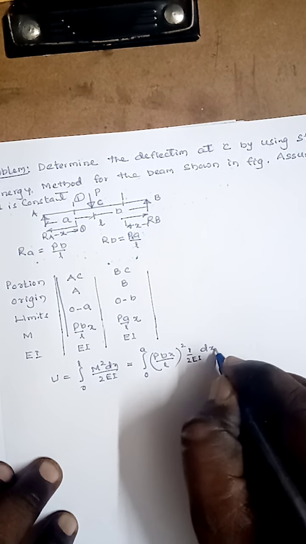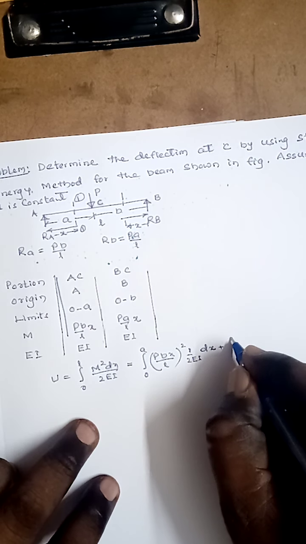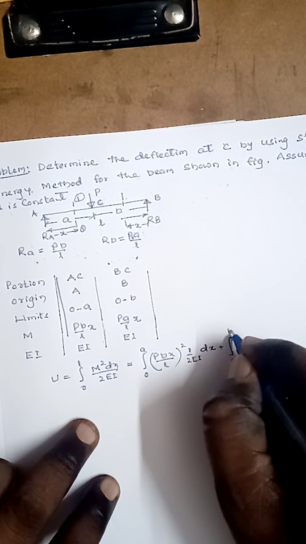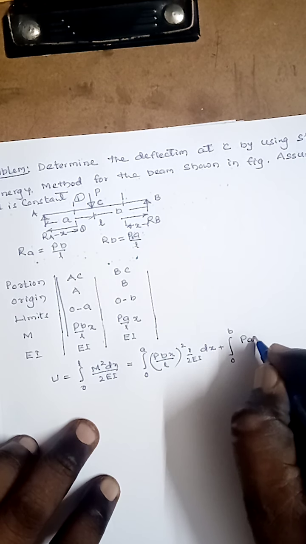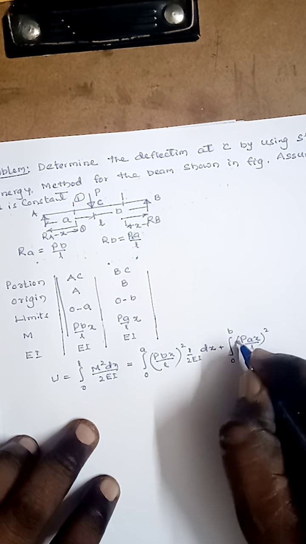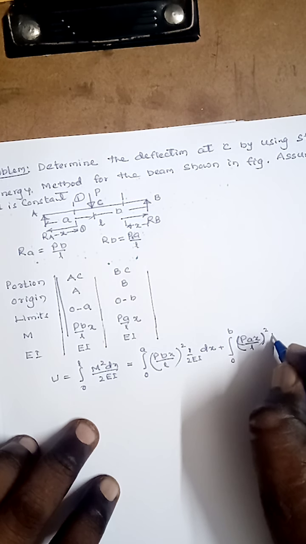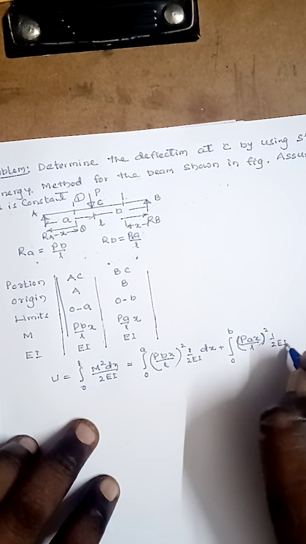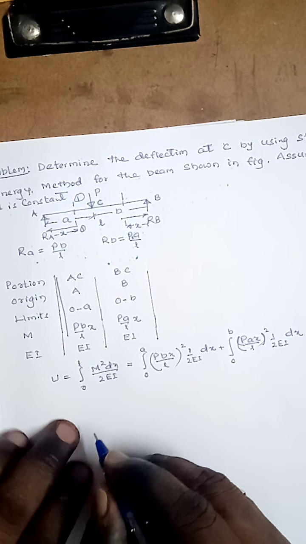This one is for first portion. Similarly, for the second portion, the limits are 0 to B, (P A x by L) whole square into 1 over 2EI into dx. This is the total strain energy.